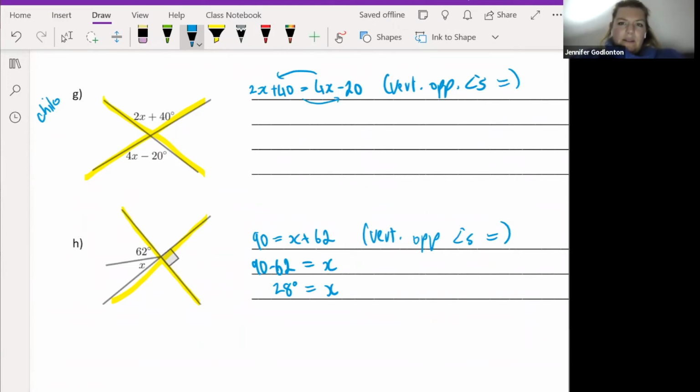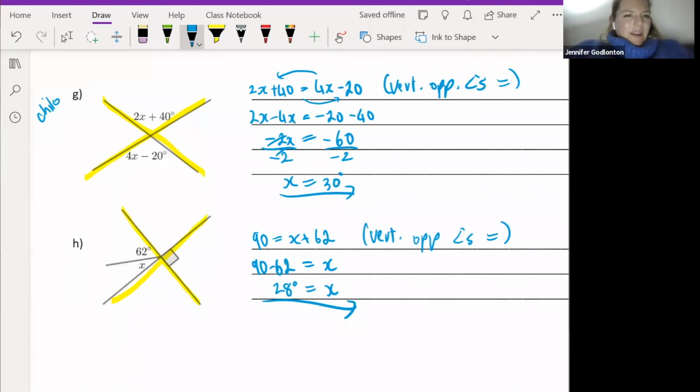So it's 2x minus 4x equals negative 20 minus 40. Then it's negative 2x equals negative 60. You're going to divide, and you get x equals 30. Perfect. Beautiful. Awesome.